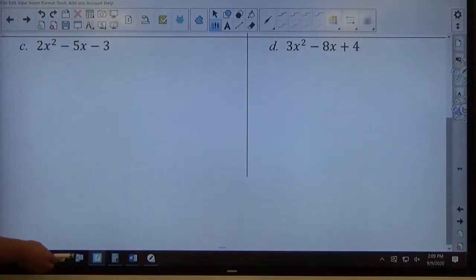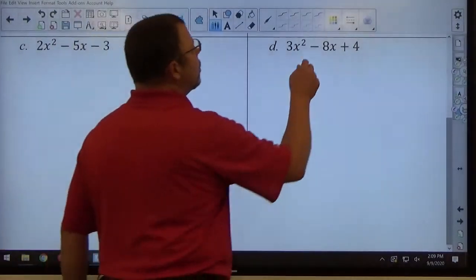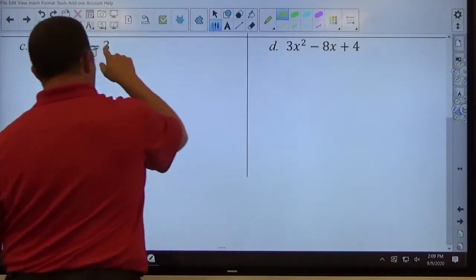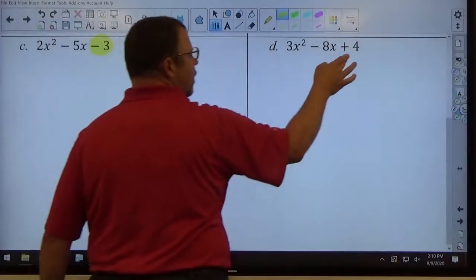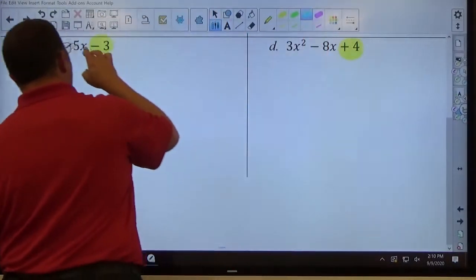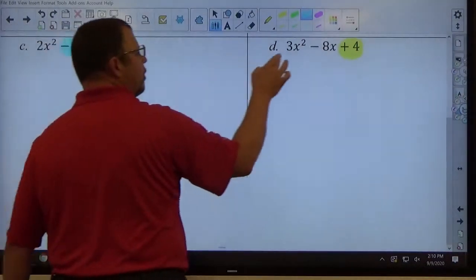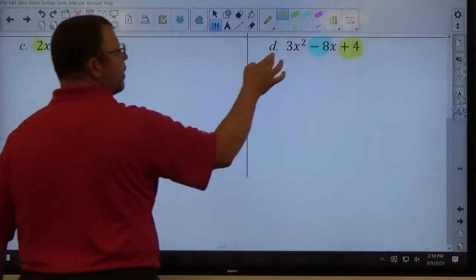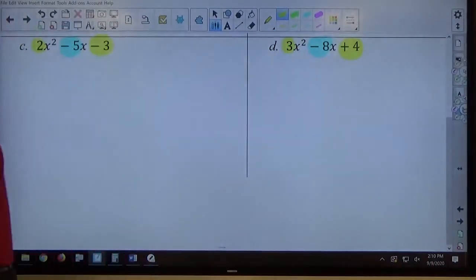There's a similarity in what you're looking at. You're still looking at the constant of each of these. You're still looking at the coefficient of x, the linear coefficient. But there's this extra number here, this 2 and this 3 hanging out, that factors into what we're trying to do.